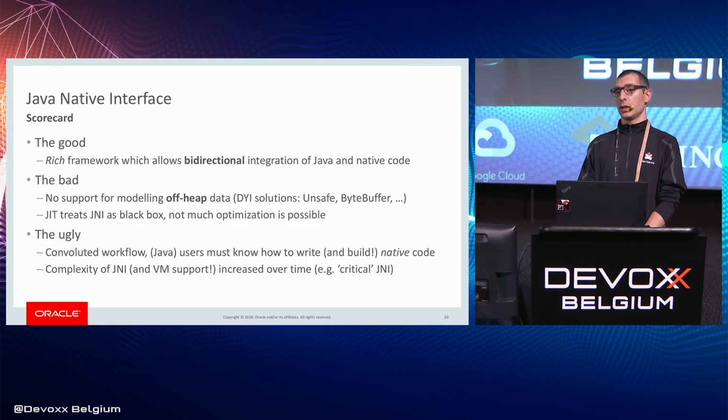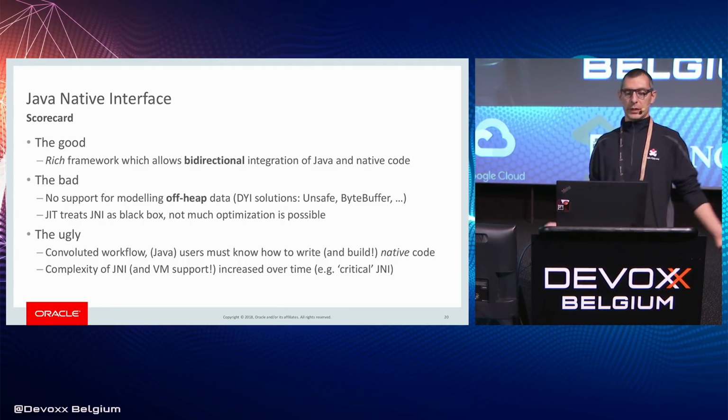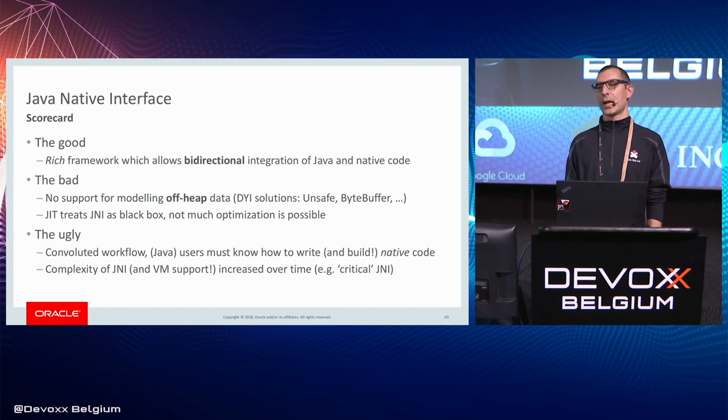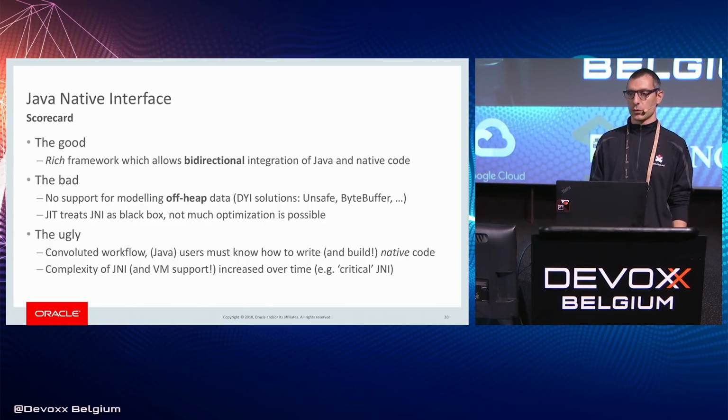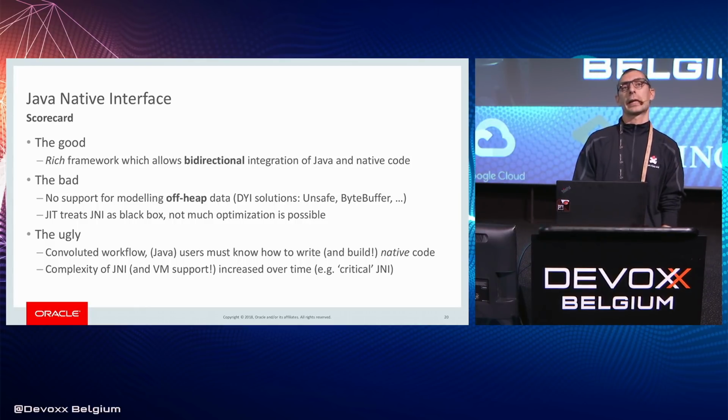As we have seen, the just-in-time compiler needs to treat JNI code as a black box. It doesn't know whether it can create objects or throw exceptions, so it has to put safeguards all around it. And the ugly part is really that the workflow for getting anything to work with JNI is very complex. And the complexity in the VM itself is also very high.